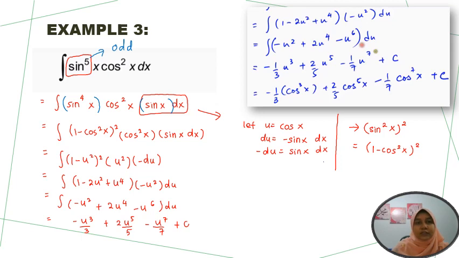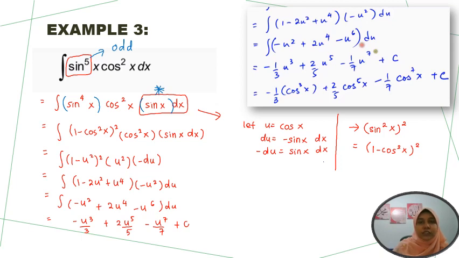Okay, then we have to let u equal to something. We refer to this function sine x dx, and the idea is that this is the differentiation of the function u.